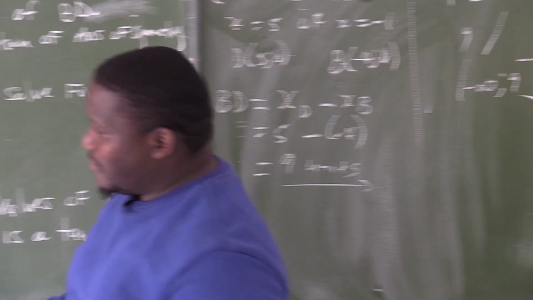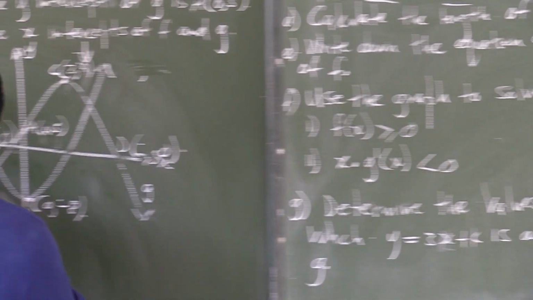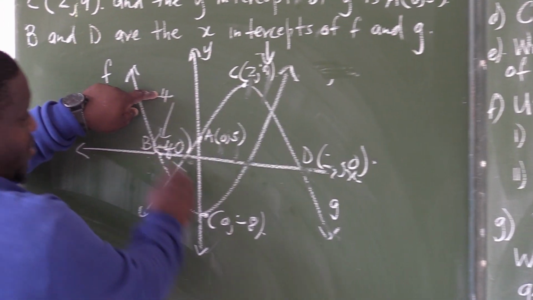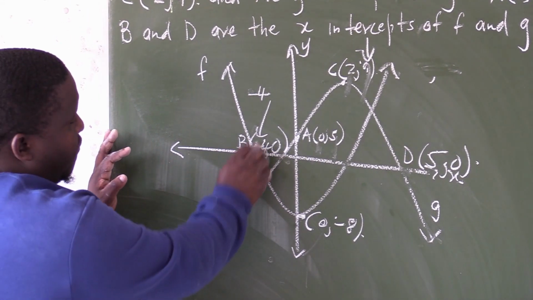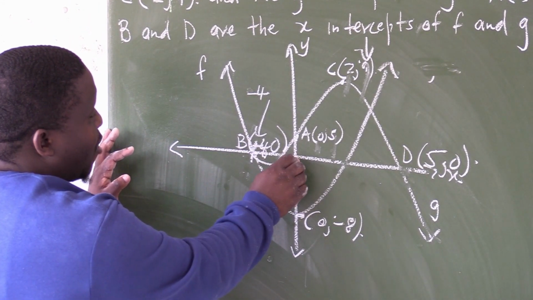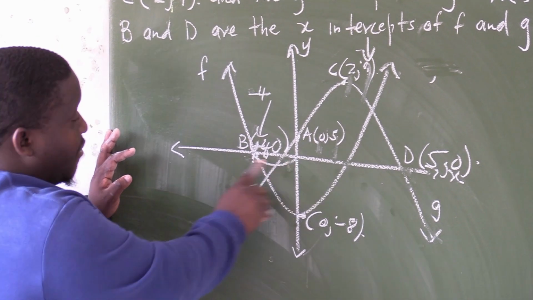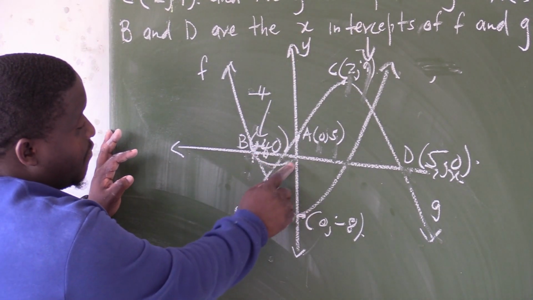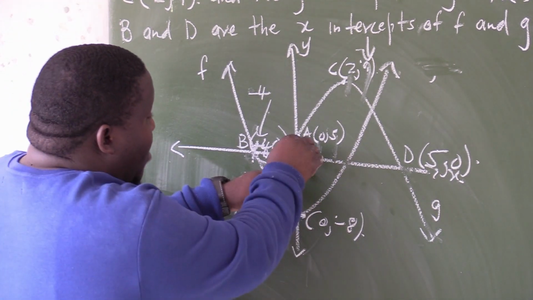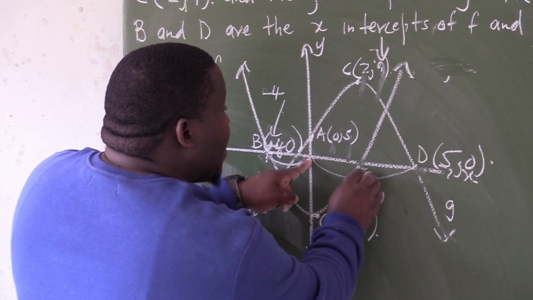Even by looking at the graph, we know that here it's negative 4, right? And we know here it's 5. So if I had to move from B to the origin, I would have moved 4 units because x here is negative 4. But if you move from the origin to D, that's 5 units.